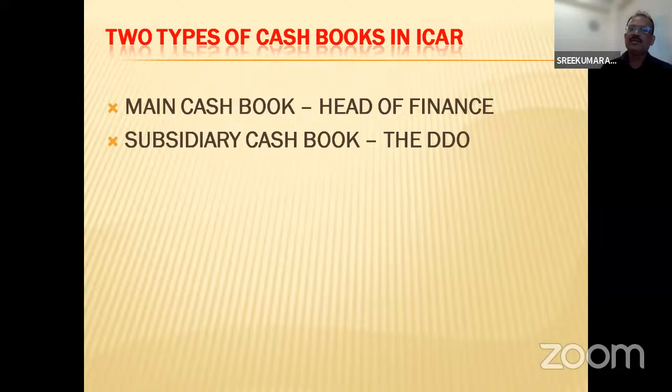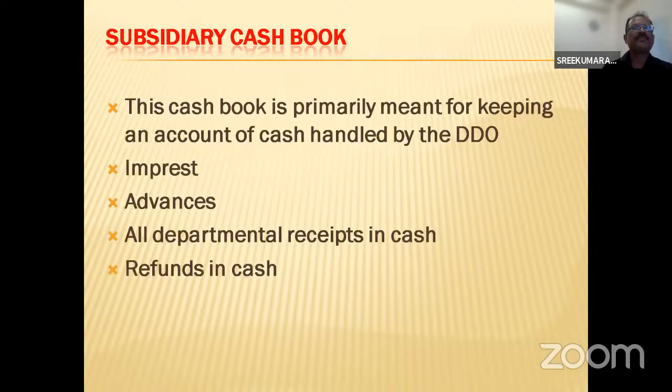The main cash book custodian is the accounts officer, and the DDO keeps track of all the cash transactions he or she does as a DDO, and it is entered in the subsidiary cash book. So there are two types of cash books being maintained in an institute. We will be discussing the subsidiary cash book first.